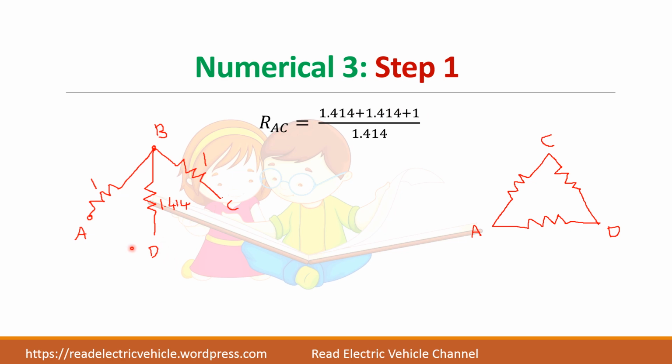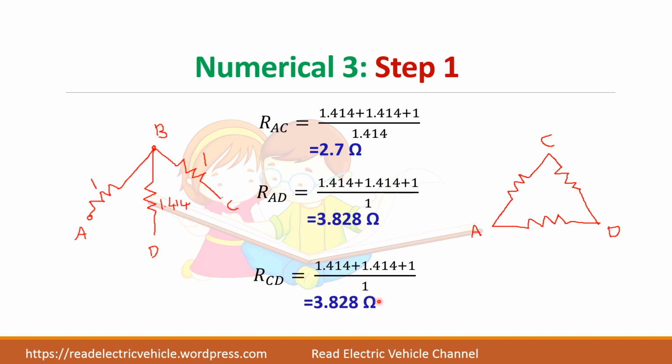For AC, the missing terminal is D. 1.414. Similarly, you apply the formula correctly and find the resistance. These two you get the same value because these resistances are equal. These 2 ohms have the same resistance, so they will have the same resistance in delta also. So we got the equivalent delta.